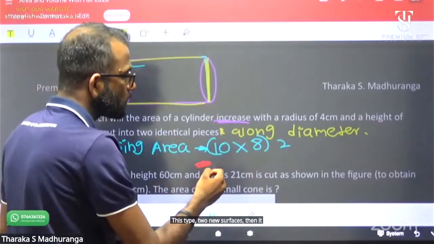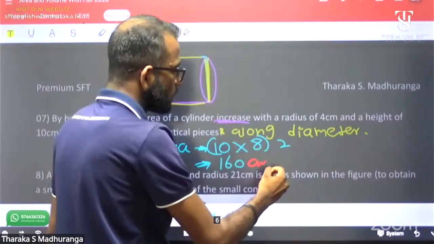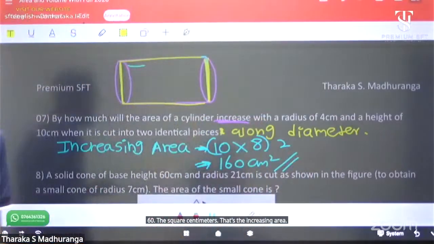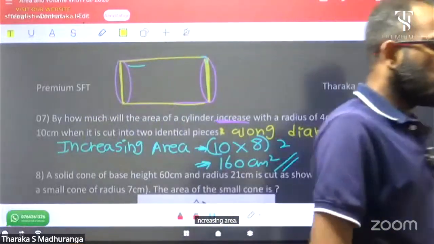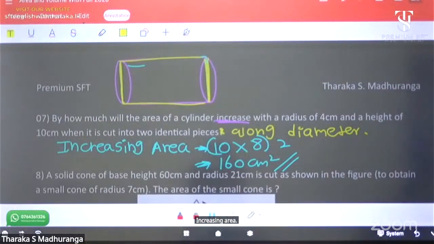Then it is 160 square centimeters. That's the increasing area. Right.